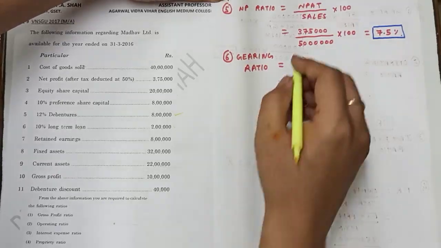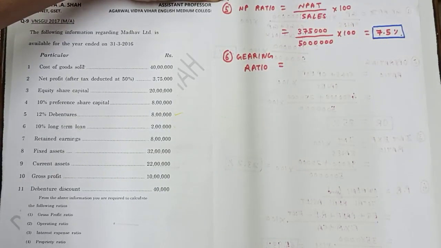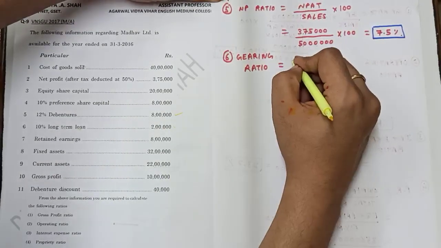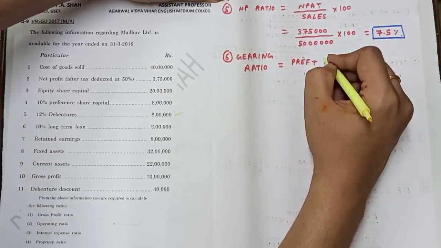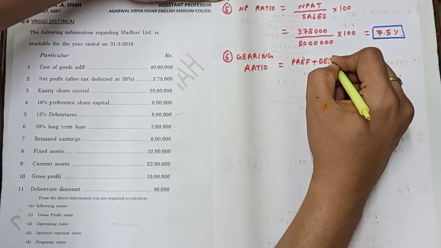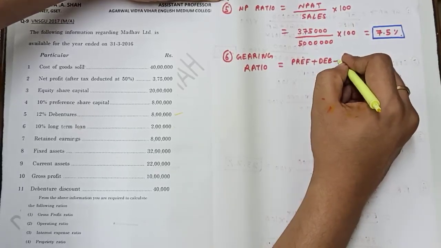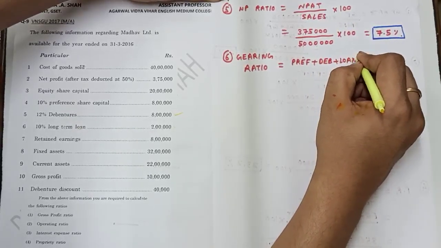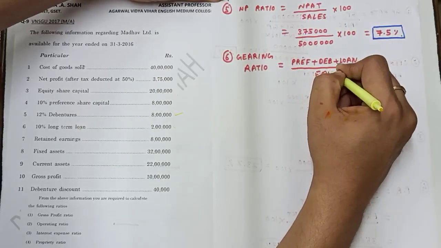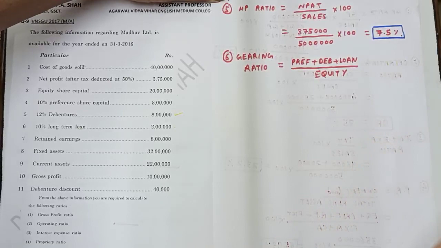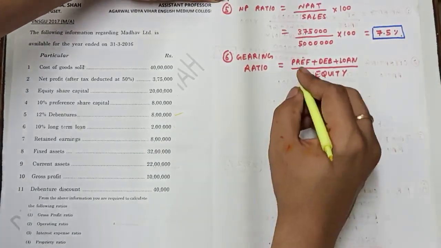So what we will take here is fixed interest bearing and dividend bearing, that is your first of all preference capital, the interest or dividend which we are paying outside apart from equity, plus debenture plus loan upon equity capital, right? So what is my answer?